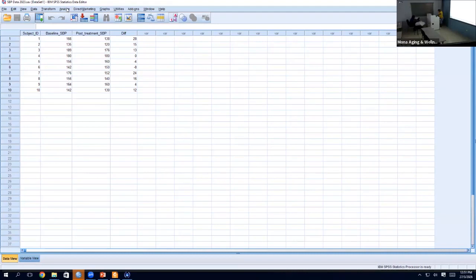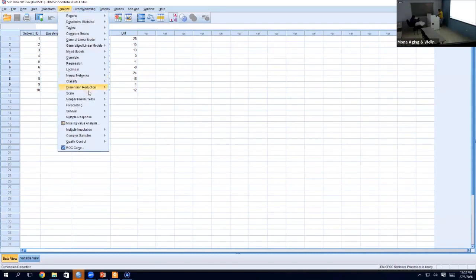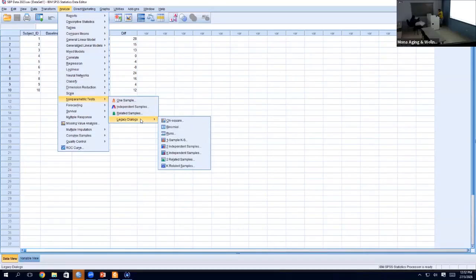All right, we're gonna go to Analyze, Non-parametric Tests, Legacy Dialogs, Two Related Samples. Repeating: Analyze, Non-parametric Tests, Legacy Dialogs, Two Related Samples.